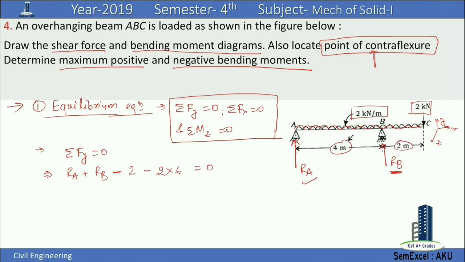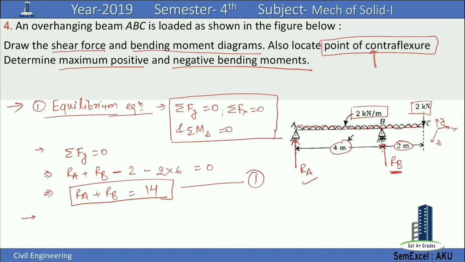This is the first equation: RA plus RB is equal to 14.